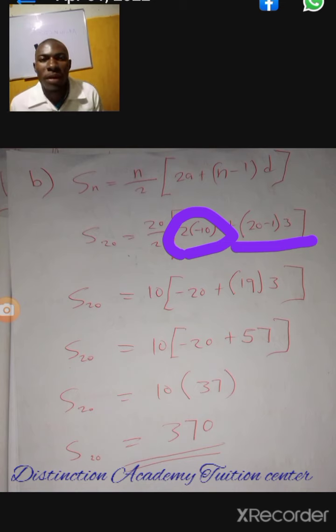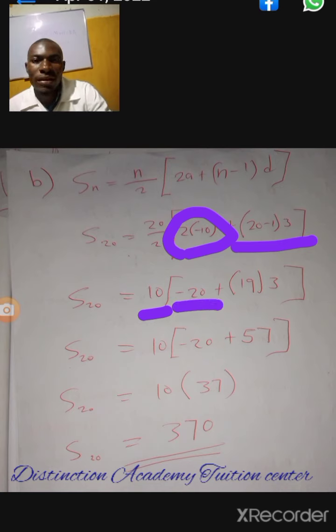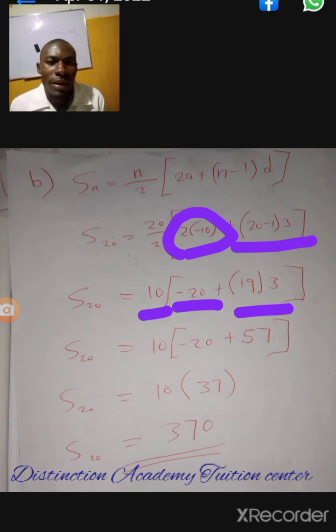So what is 20 divided by 2? It is 10. Then what is 2 times -10? It is -20. Then what is 20 minus 1? It is 19, multiplied by 3, which is the common difference. Then from there, you multiply.